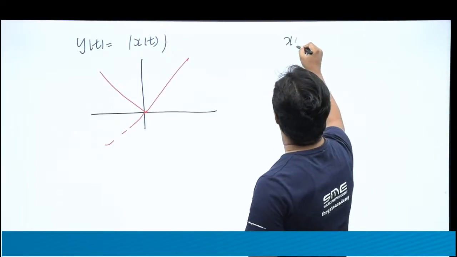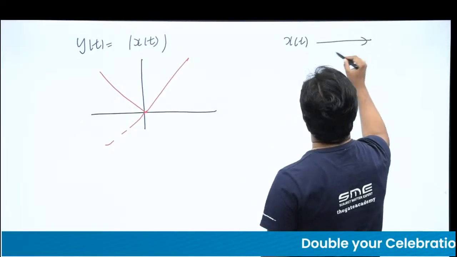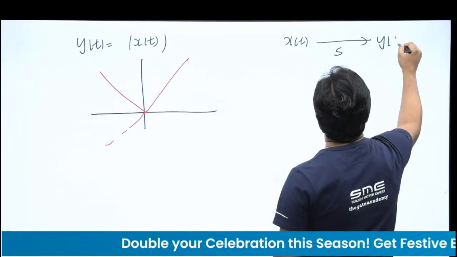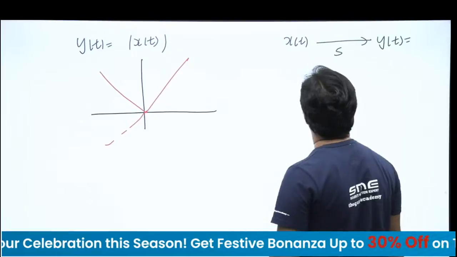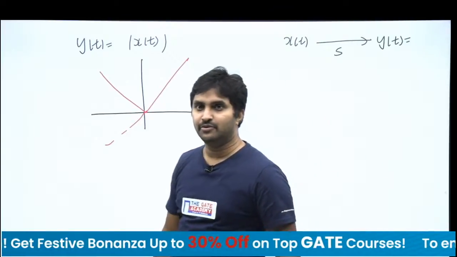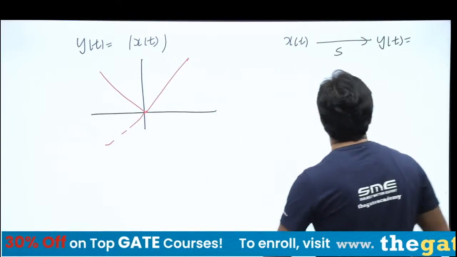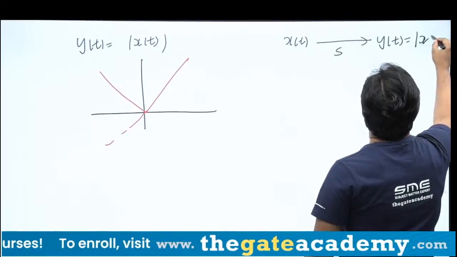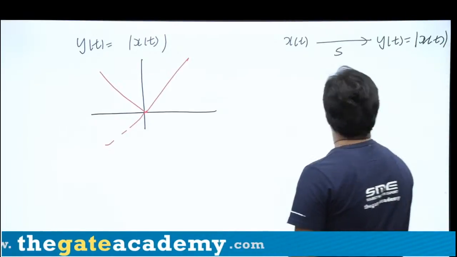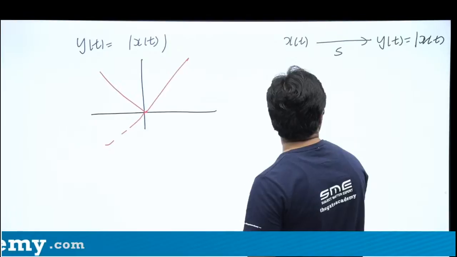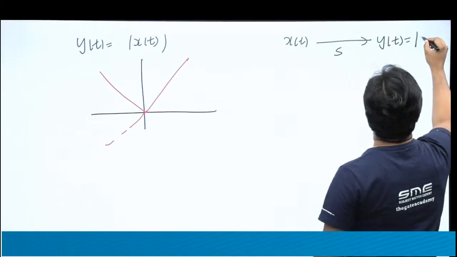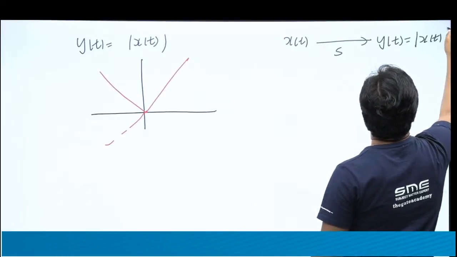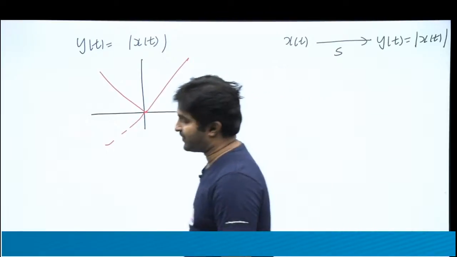I am giving input as x of t, passing through the system, it is giving me y of t. What is y of t here? Y of t is nothing but the magnitude of x of t.